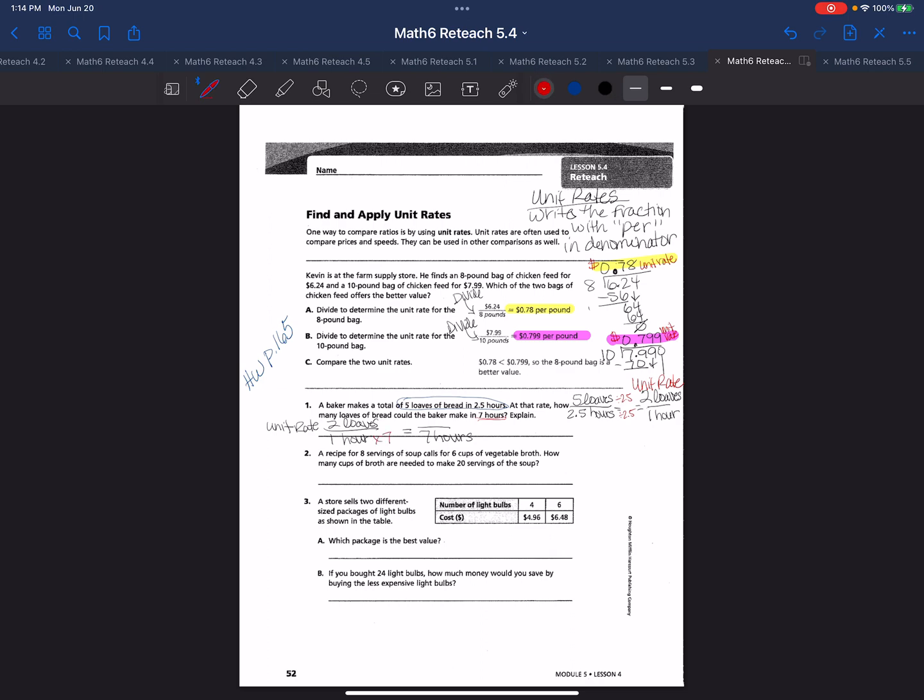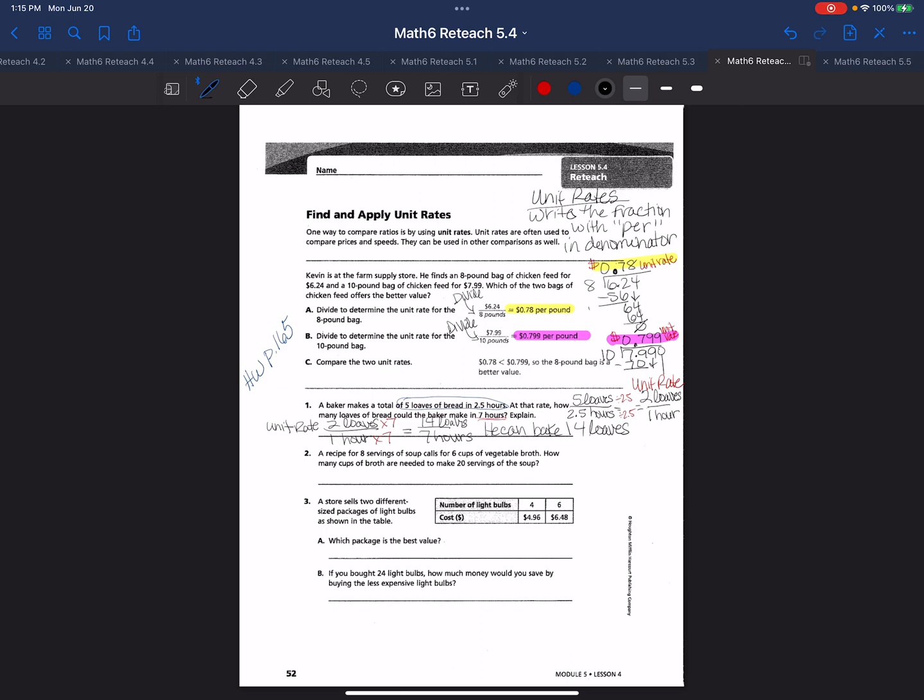So I'm going to multiply this by 7. If I multiply the denominator by 7, I must multiply the numerator by 7. 2 times 7 is 14 loaves. So he can bake 14 loaves in 7 hours. That's your answer. All right, let's go on to the next one.